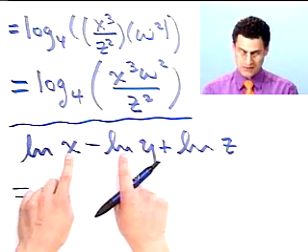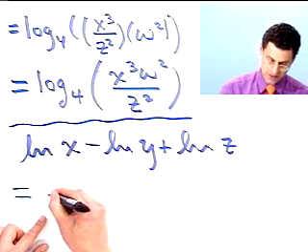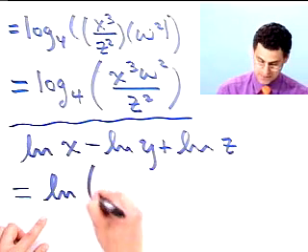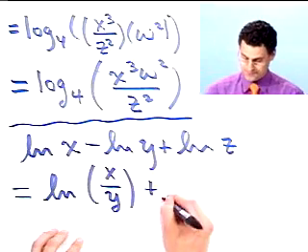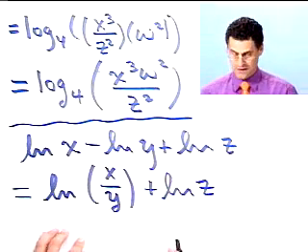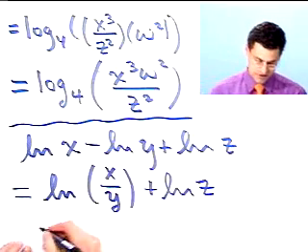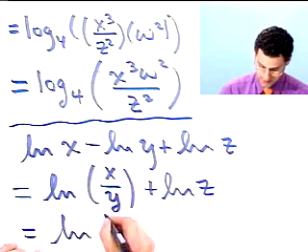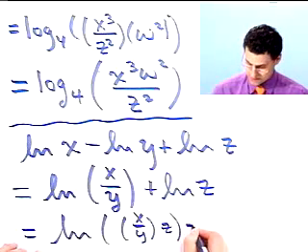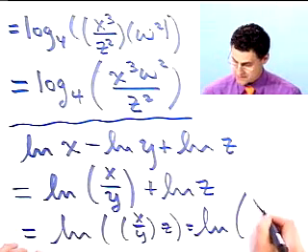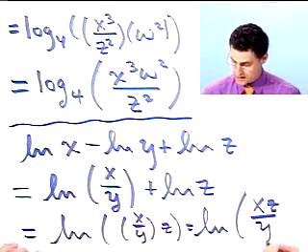And I see the difference of logs. That means that's the log of the quotient. Well, I'll do it in 2 steps. So that's this piece. But now I see a sum of logs, so that's actually log of a product. So I have x over y times z, which equals natural log of xz over y.